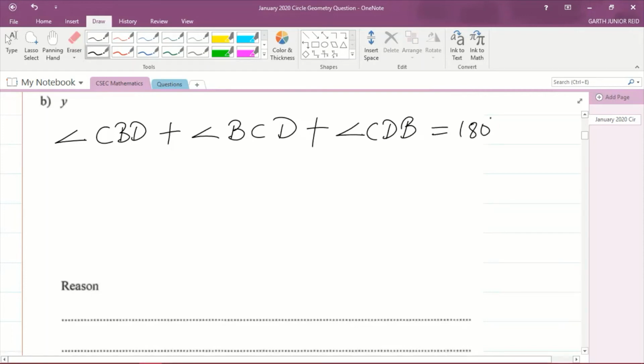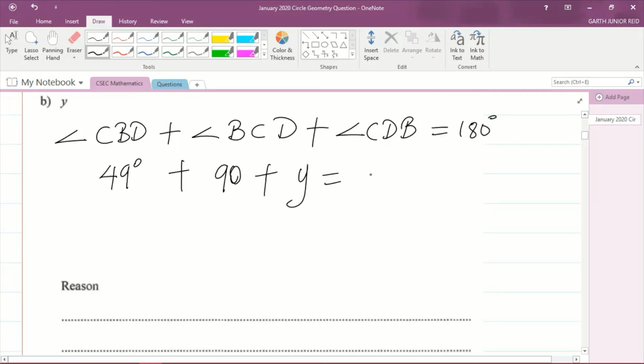When we sum those angles in the triangle, we get 180 degrees. Now the angle CBD was 49 degrees. The angle BCD was 90 degrees. And the angle CDB, which we're trying to find, that's y.